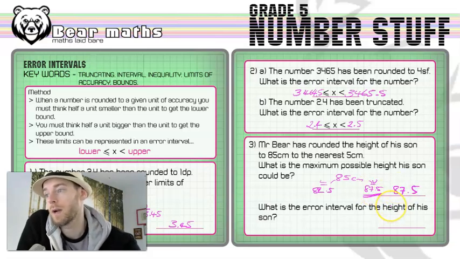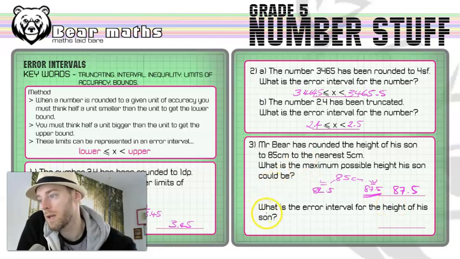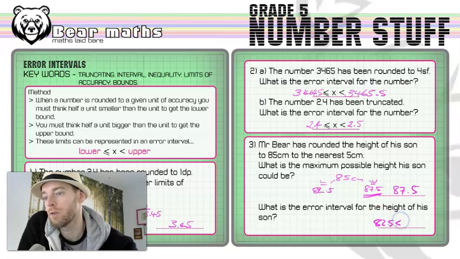That's the maximum possible height his son could be. And then I've popped in there, what is the error interval for the height of his son? Well, that's why I did this here. I got the 82.5. So let's fit it in here. 82.5 is less than or the same as the height of the son, x, which is less than 87.5.